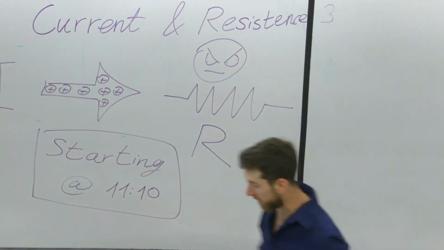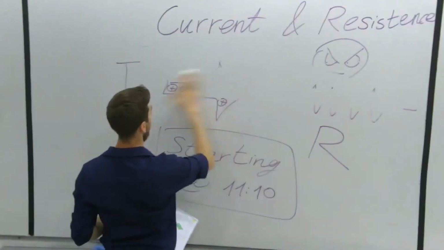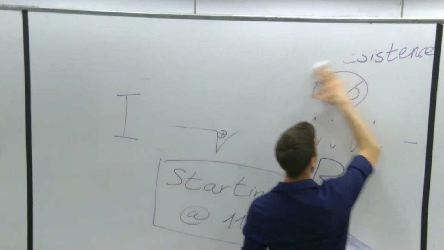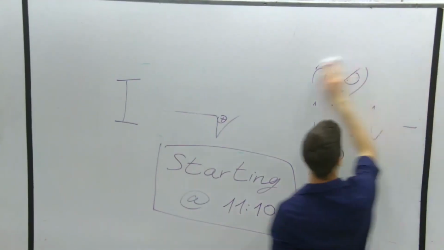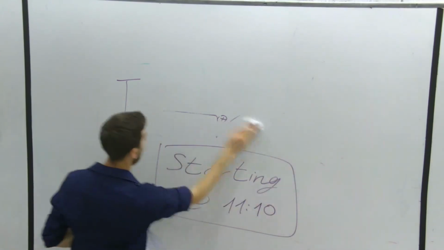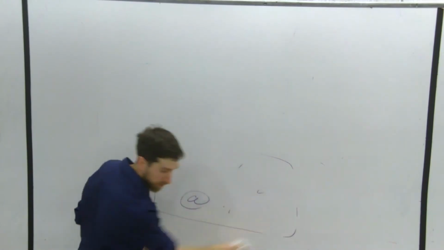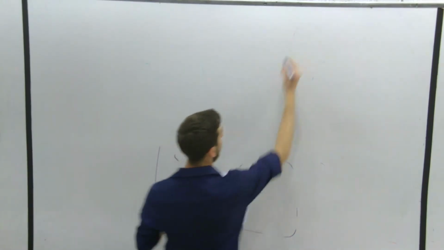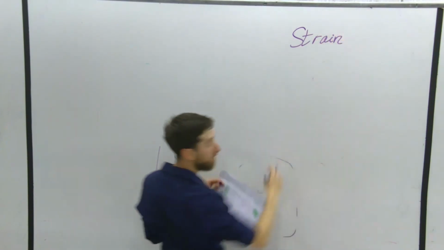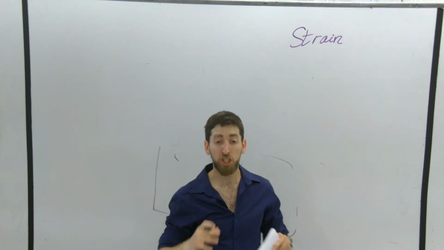The name of this device is actually called a strain gauge, okay? You're going to see it in more advanced classes. And I'm sure you're going to use it, and you don't know it, but you have already used it a lot of times. It's a really, really cool thing. So let's write it down. This one is called strain. What is the definition of the word strain? Changing length.